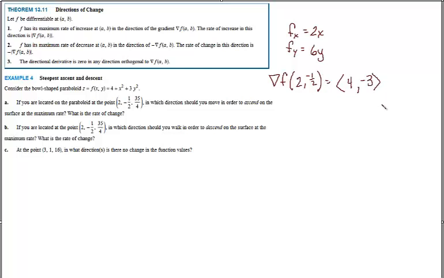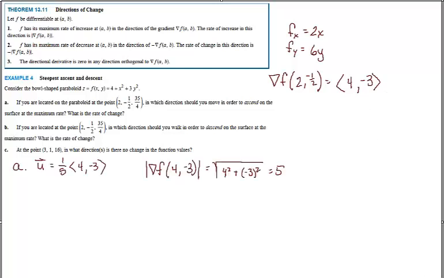And I need that unit vector, so computing that unit vector, here's this unit vector, just finding that magnitude. And this is my direction; I should move with this unit vector. And the rate of change at this point, which they told me to find as the magnitude of that gradient, would be 5.